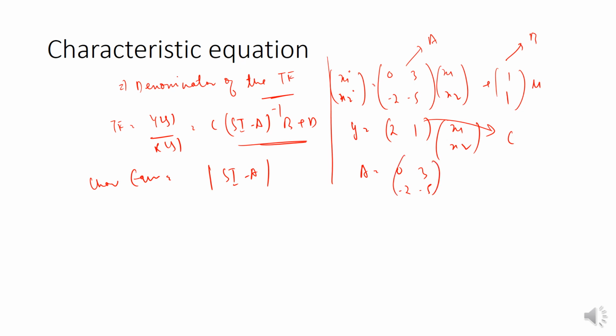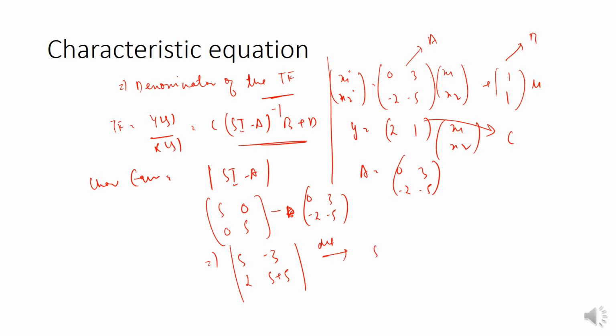So what I have to do, and I have already told you, SI is S 0, 0 S, minus A. A is 0, 3, minus 2, minus 5. This value is S, minus 3, 2, S plus 5. Now we should find the determinant of this. What is this? S into S plus 5 plus 6, that is S square plus 5S plus 6. So this is the characteristic equation.